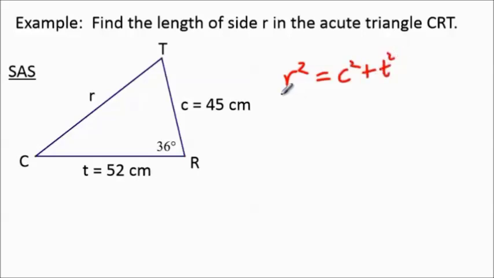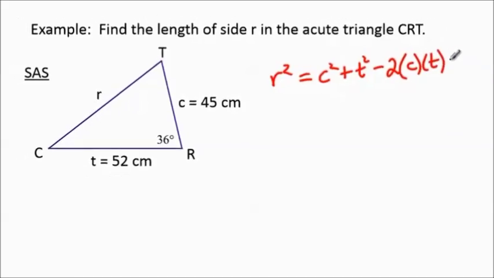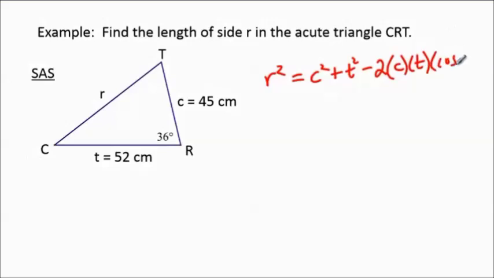Remember, it's one side squared equals the other two sides squared added together. Then we're going to subtract from that 2 times, and I'm going to use these two again. So C times T, and that's times the cosine of the angle across from this letter that I started with, which is 36.